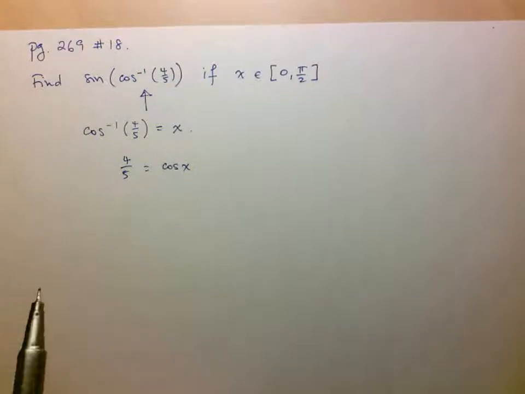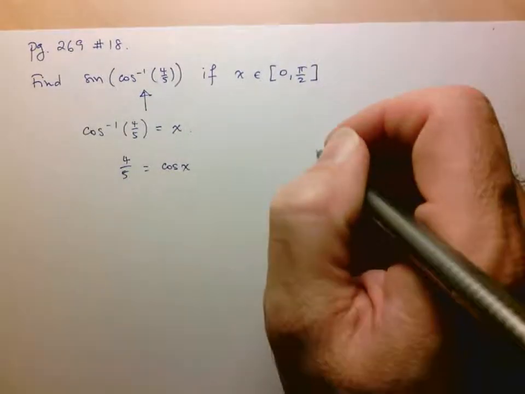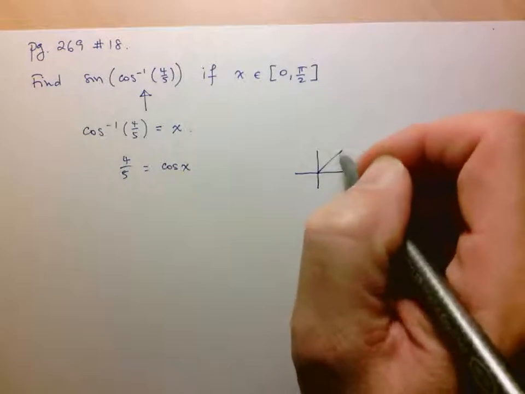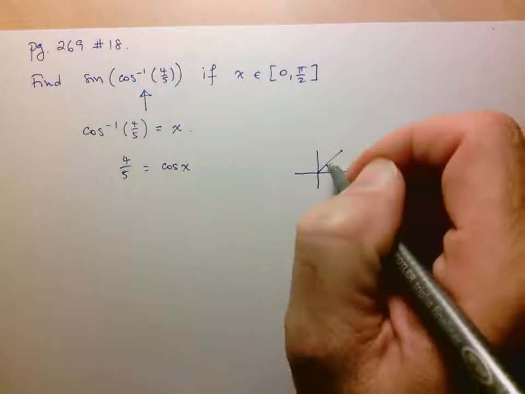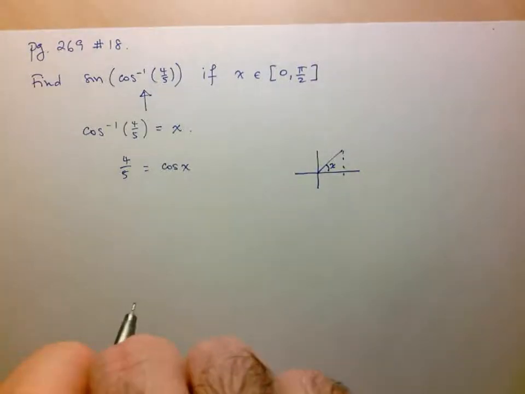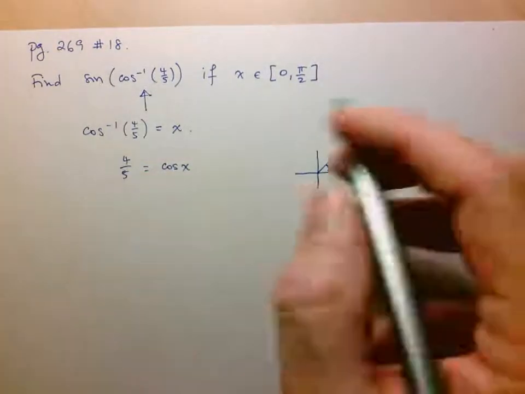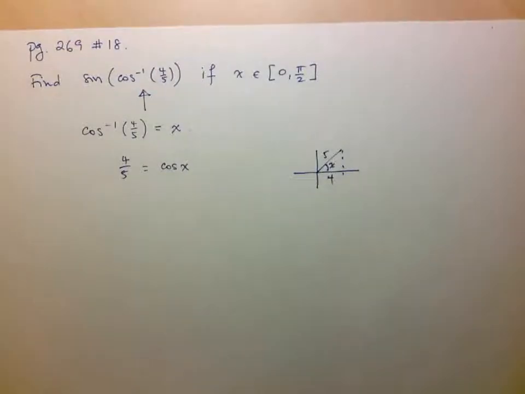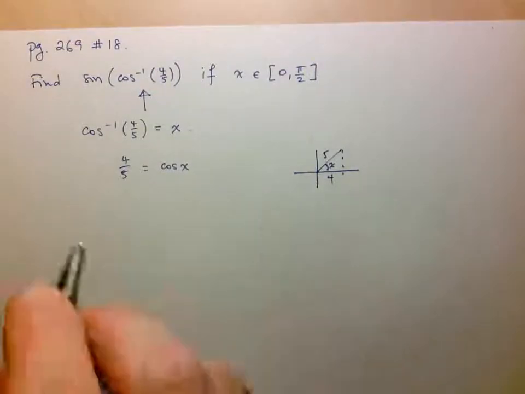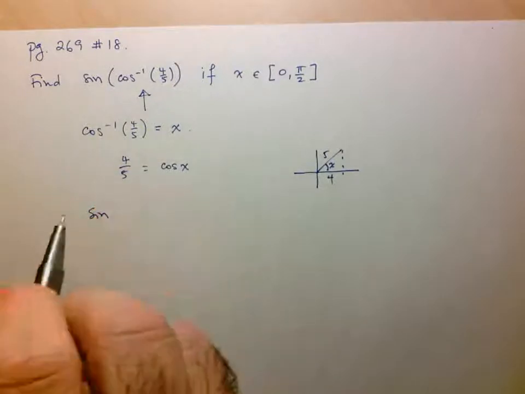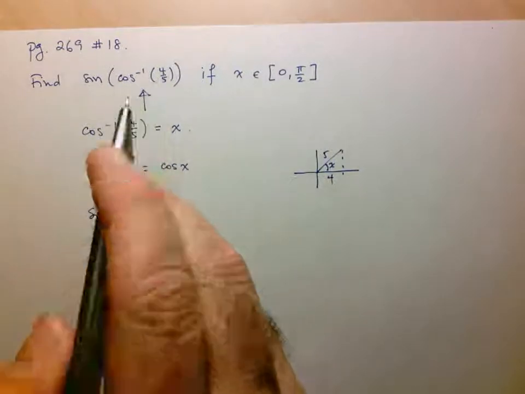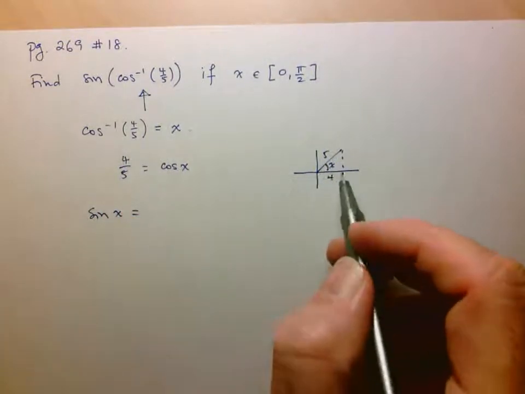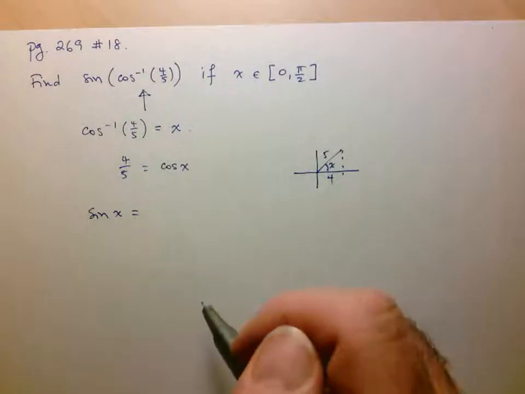But what this allows me to do is draw this out. Let's say this is my angle in the first quadrant, which again we called x, and we know that the x value is going to be 4 and the r value is 5. The reason I need this is that I'm looking for the sine of this angle x, and by completing this triangle I can determine what sine x is.